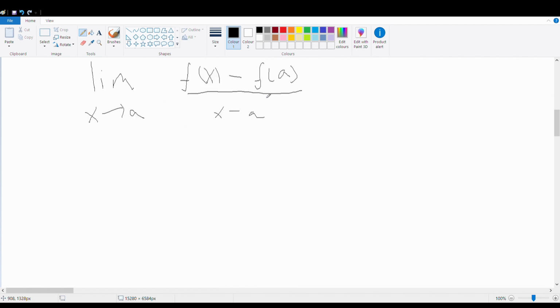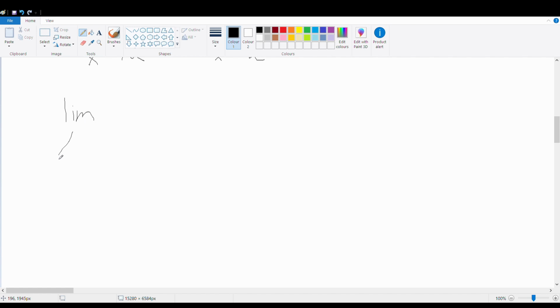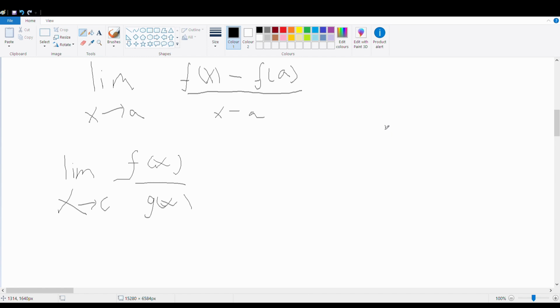Okay, so let's take the limit as x tends to c of f of x by g of x. Remember, I'll be proving this for a special case in which it's of the form 0 by 0. So what I'm assuming is that f of c, the value at which the limit is being evaluated, is equal to g of c, which is equal to 0.